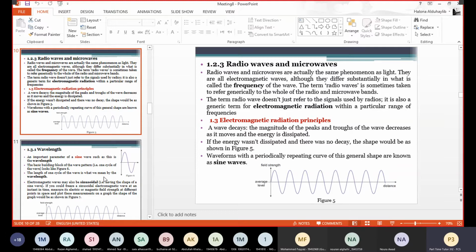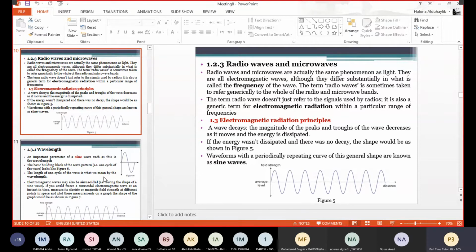The term radio wave does not just refer to the signals used by radio, it's also a generic term for electromagnetic radiation. So don't think of it only related to the radio, but it's a general term for electromagnetic radiation within a particular range of frequencies. So based on the frequency range, we can measure the radio waves and microwaves that we can use to transfer data.